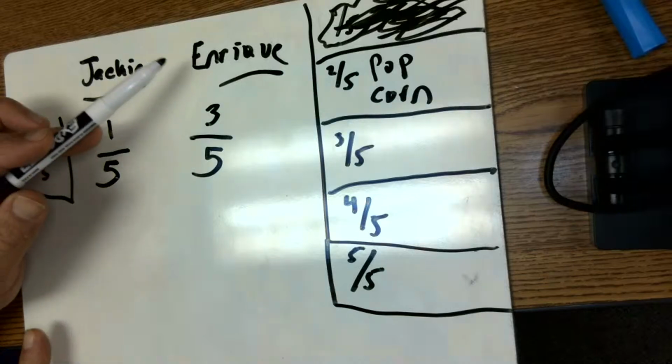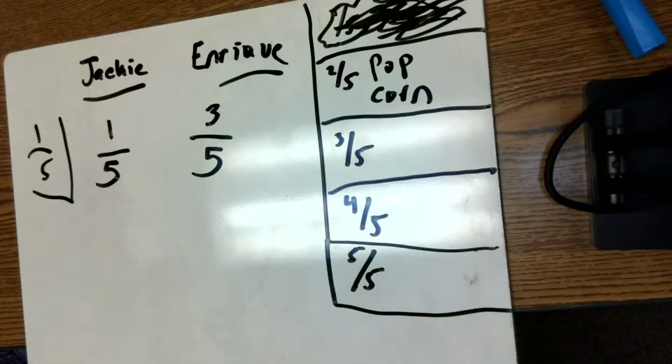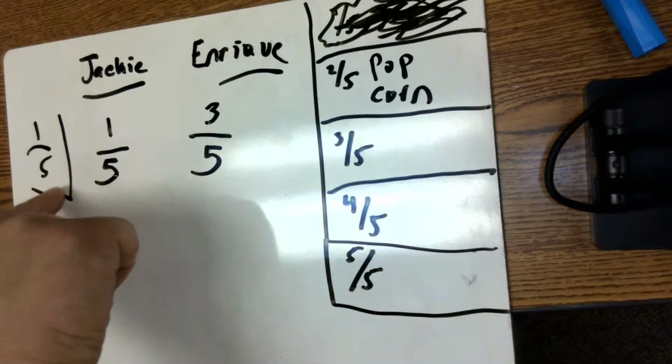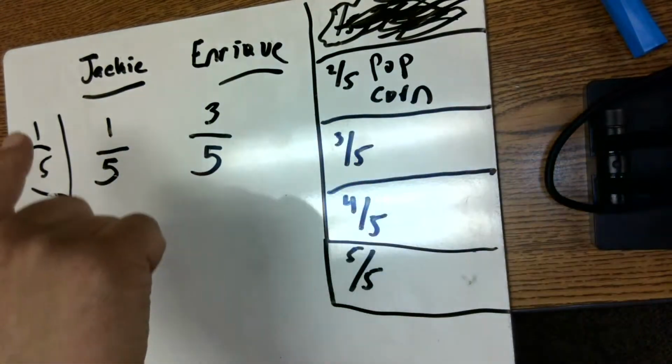So Jackie eats 1/5, and Enrique eats 3/5. And then we have the 1/5 that Jackie already ate. Now we have another 1/5, right? Because Jackie ate 1/5 of the popcorn. Give me another way that Jackie and Enrique could have shared the rest of the popcorn. Well, this is one example. 1/5, 3/5, and 1/5 is 5/5 of the popcorn.